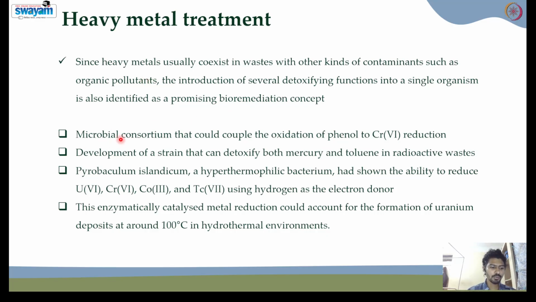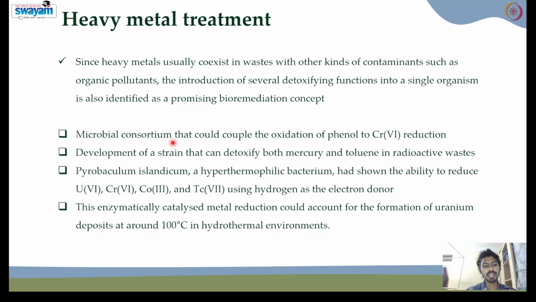The first is you have to find multi-talented microbes. That is, using single microbes, we cannot achieve the detoxification of both heavy metals and the organic pollutants. So you have to use microbes with multiple detoxifying functions. In this case, you can use a microbial consortium developed to oxidize phenol while simultaneously reducing the chromium 6 toxic heavy metal.